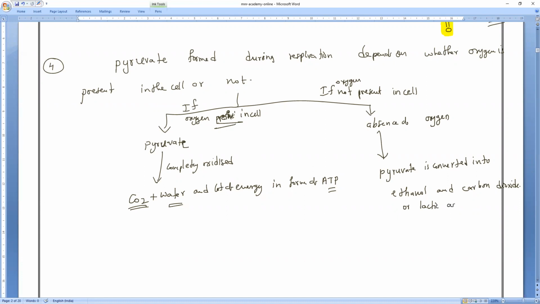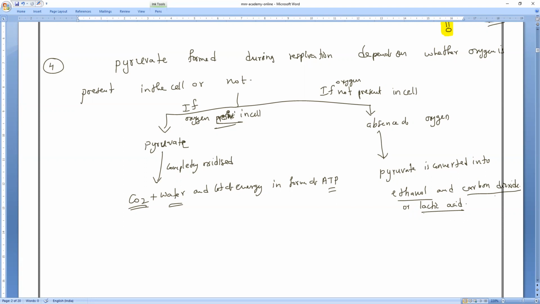It depends on whether it is taking place in the plant cell or the animal cell. So either it will form ethanol and carbon dioxide, or it will form lactic acid. Clear, everybody? No further energy will be produced here. That's what I'm saying. Clear?